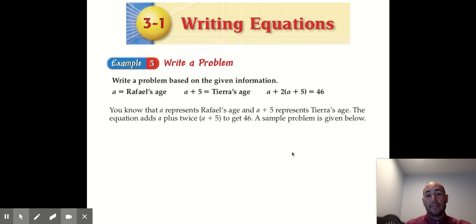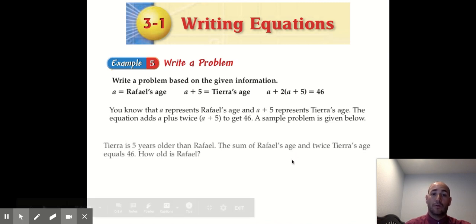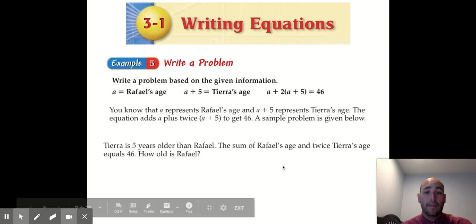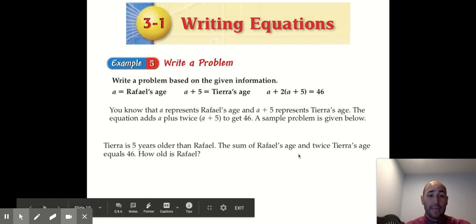The equation adds A plus twice A plus 5 to get 46. So Tierra is 5 years older than Raphael, because it's A plus 5. The sum of Raphael's age and twice Tierra's age equals 46. How old is Raphael? This leads us into a problem that uses this information in context.